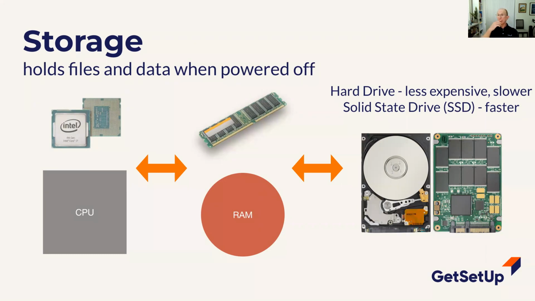That's stored on the storage device, the solid state drive, and it holds everything when you're powered off. It's often called flash memory in a phone or a tablet, but it's essentially the same as solid state.